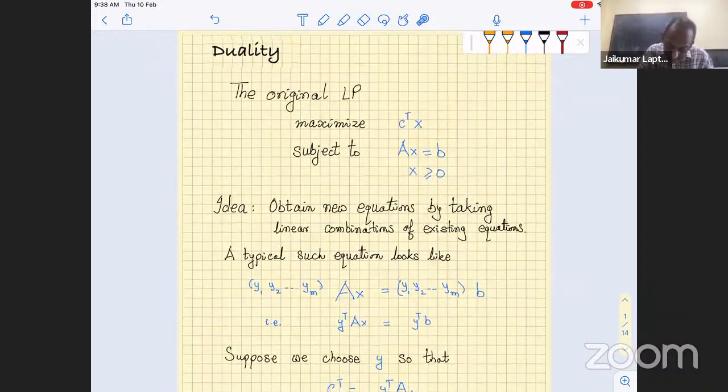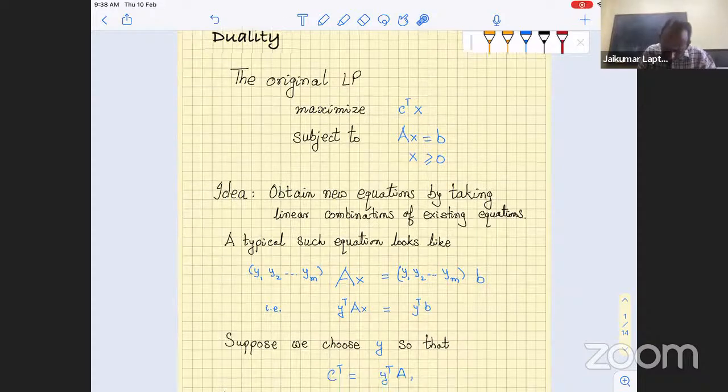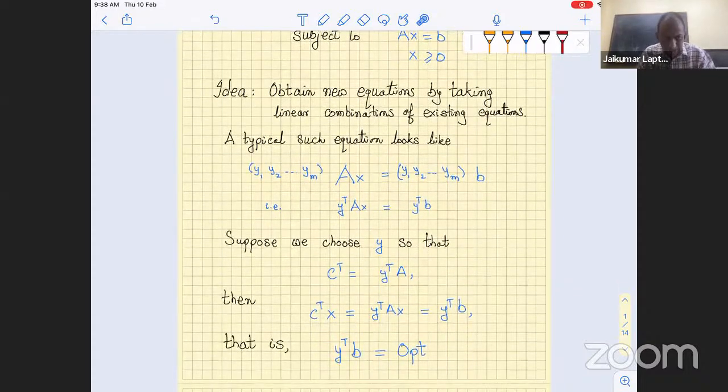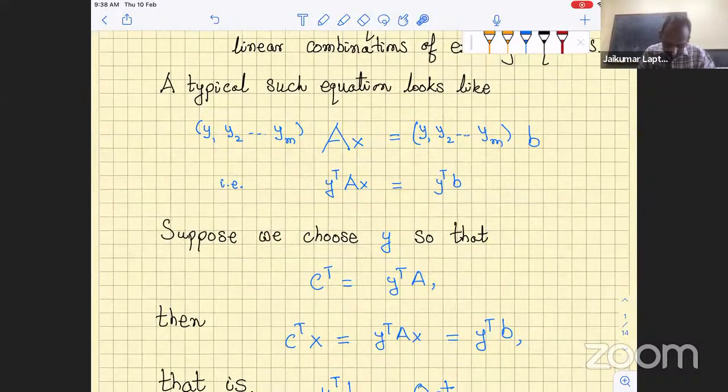Basically, if c transpose is a linear combination of the left-hand sides of these equations, then the value of the objective function being equal to a certain optimum is actually a consequence of these equations. And this consequence is derived by just multiplying equations by some scalars and adding them up. There is nothing very great that is happening. You are probably quite aware of all this from your linear algebra course.